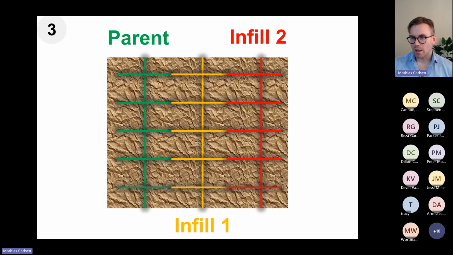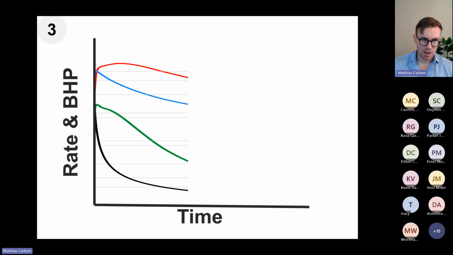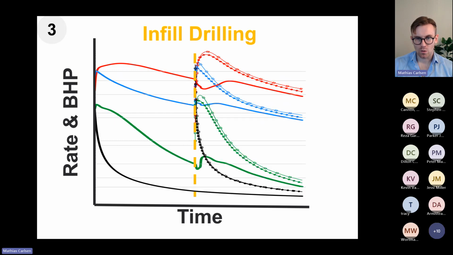To highlight that, we had the rate and bottom pressures for the parent, and then after a period of time the infill wells were put on production, after around 2 years, or maybe exactly at 2 years.